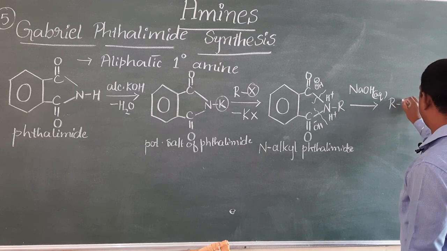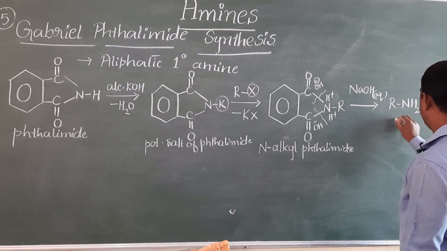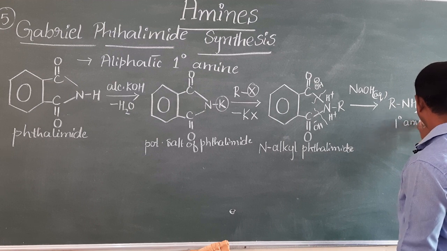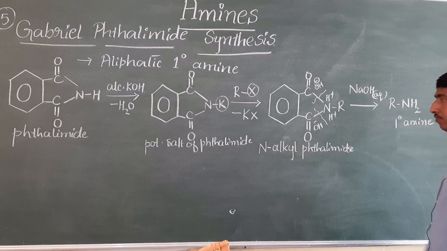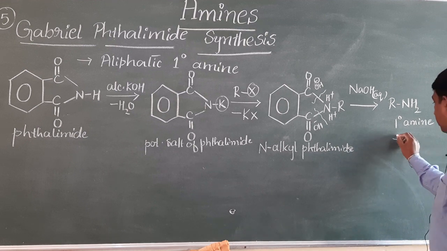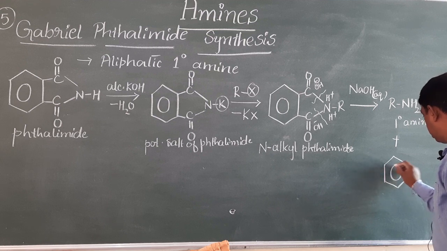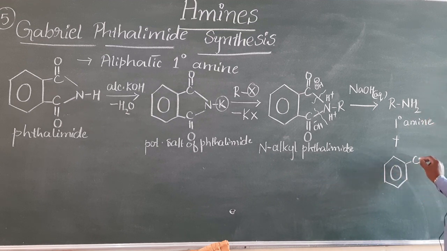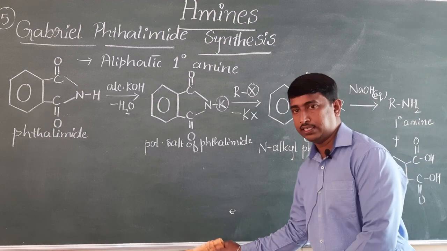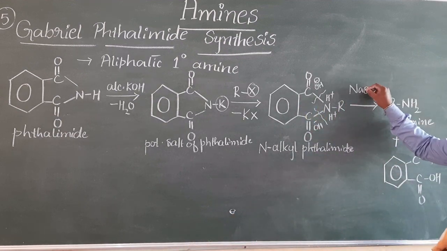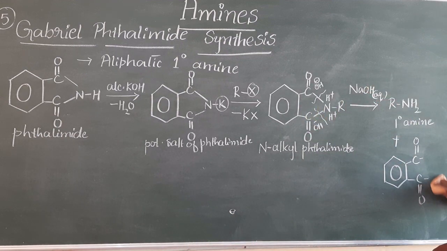We'll get a primary amine, RNH2, along with phthalic acid. This phthalic acid is acidic and reacts with the base sodium hydroxide forming a salt.